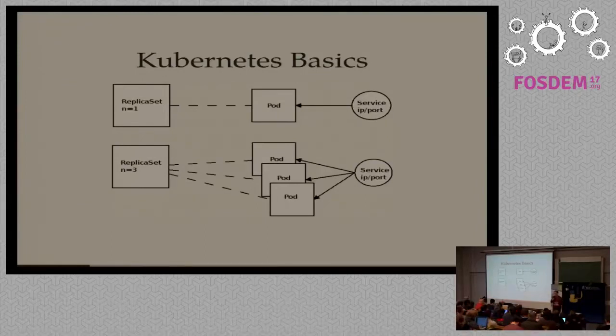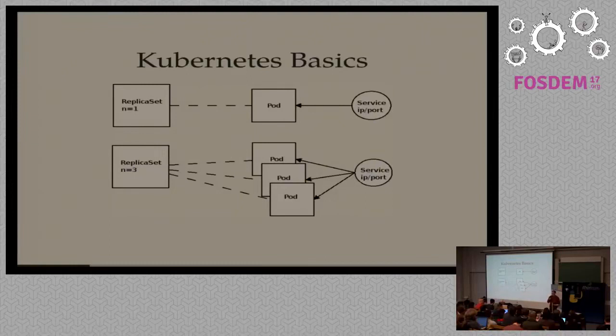And if your pod goes away for any reason, it creates a new one. That also allows you to scale up as you get more load: you say, give me more replicas, and more pods will run, distributed over the cluster. There's some scheduler involved that figures out where the best place is for your pods to run.